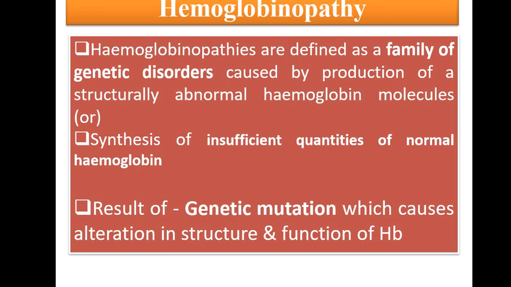Metabolism. So hemoglobinopathies are defined as a family of genetic disorders caused by production of structurally abnormal hemoglobin molecules, or synthesis of insufficient quantities of normal hemoglobin.